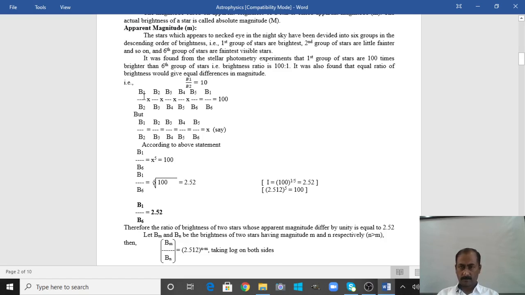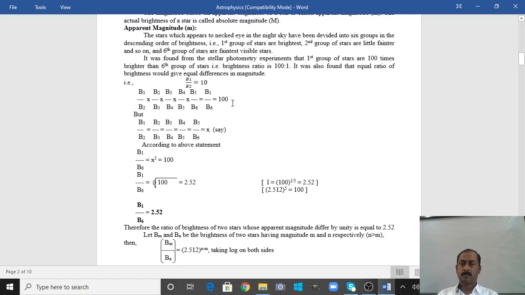It is also written as the brightness ratio for two stars, B1 by B2, into next two stars B2 by B3, into B3 by B4, into B4 by B5, into B5 by B6, which is equal to B1 by B6, first magnitude to sixth magnitude.